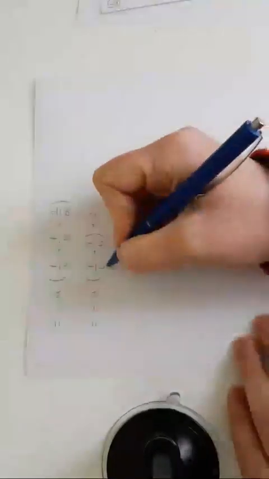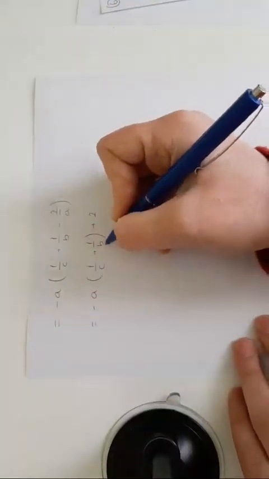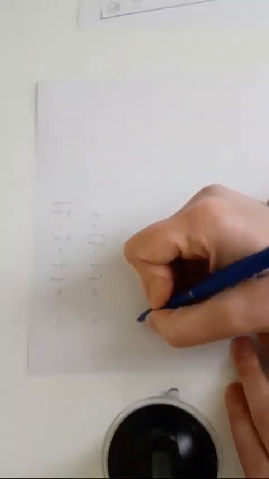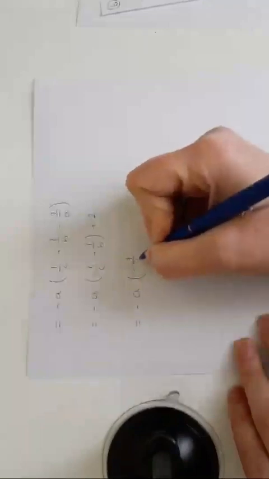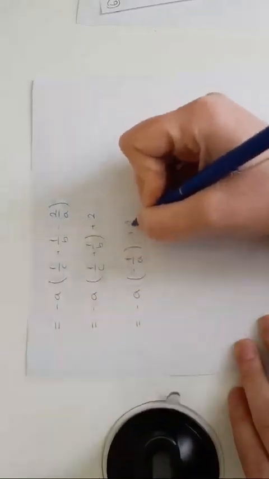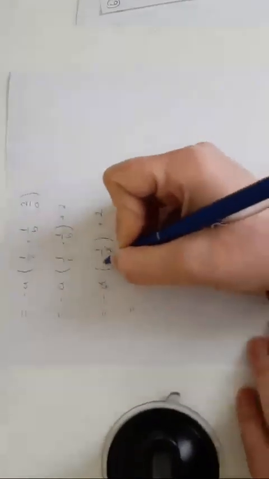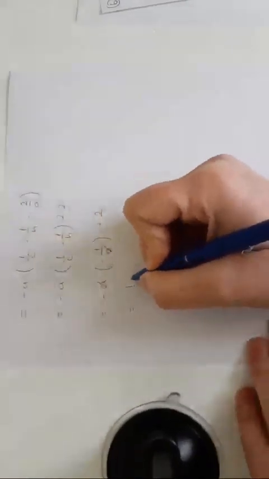1 over C plus 1 over B, from the first equation, we know that it is minus 1 over A. So it will be minus A times minus 1 over A plus 2. Minus times minus will be plus, so it will be 1 plus 2, which is 3.